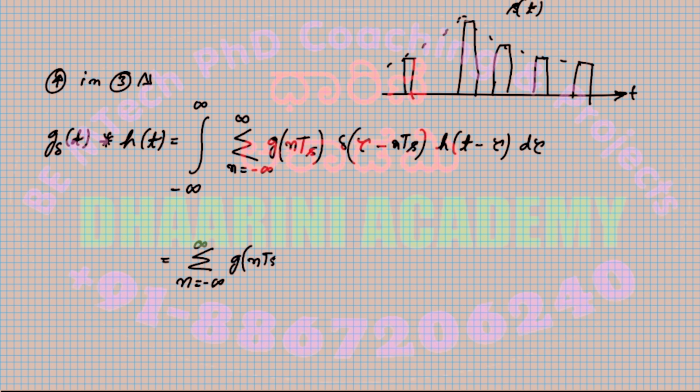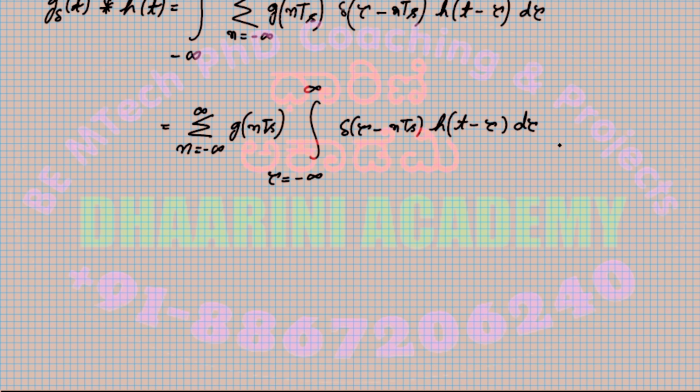Then move the integration inside, that's for tau, from minus infinity to plus infinity. Every term that has tau should be inside this, so that is delta of tau minus n ts into h of t minus tau d tau. All right, let me hold on to this. This is equation number 5.